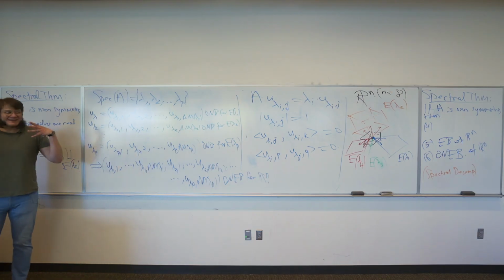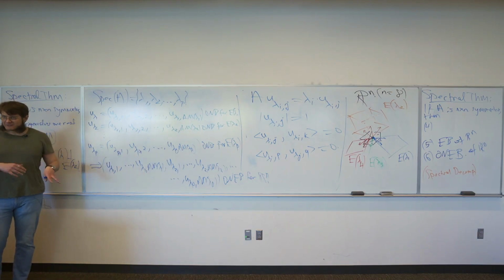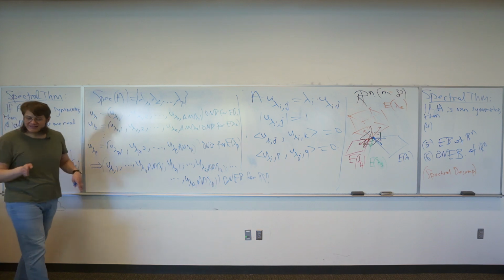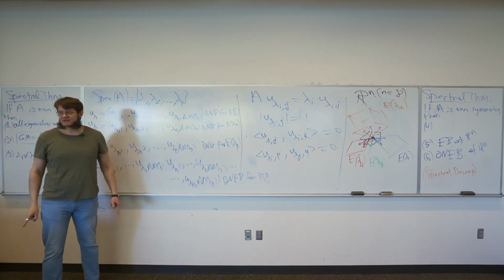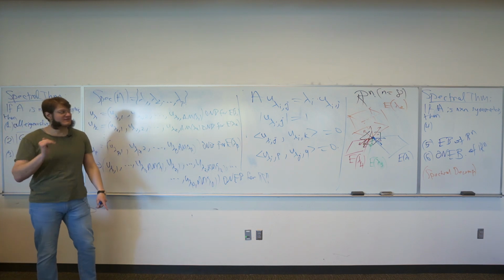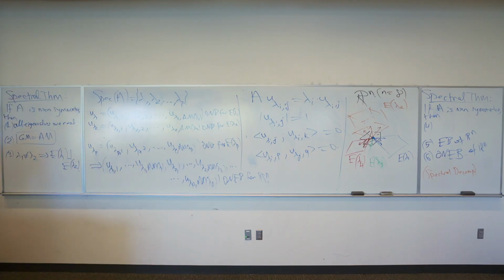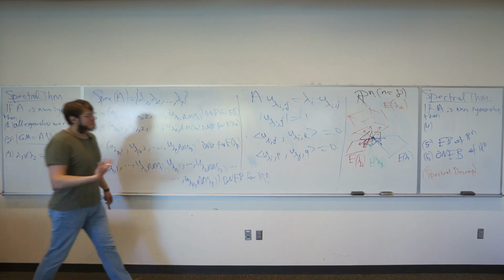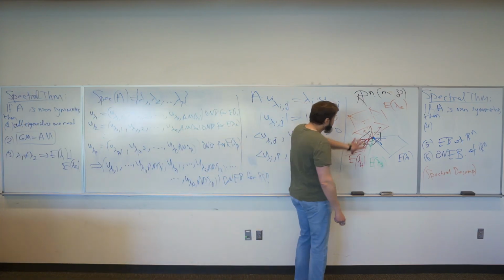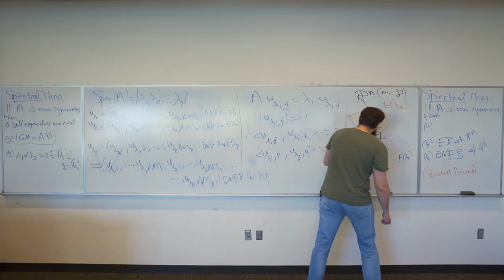Because if I start with an arbitrary n by n that is symmetric, it is not necessarily true that it's going to fix the standard basis vectors. I want directions that are fixed under A. The reason why I'm doing this splitting is because, for instance, A preserves this eigenspace.